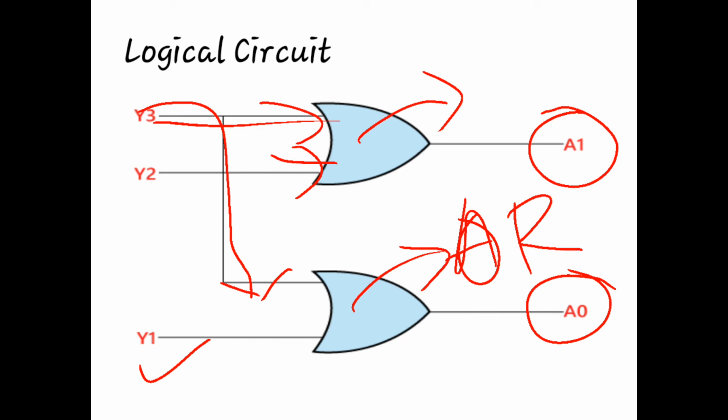One can simply learn the truth table, or from the definition it is very clear that by keeping one input line active at a time, we will get the corresponding code over the output lines. So this is basically about the 4 to 2 line encoder.